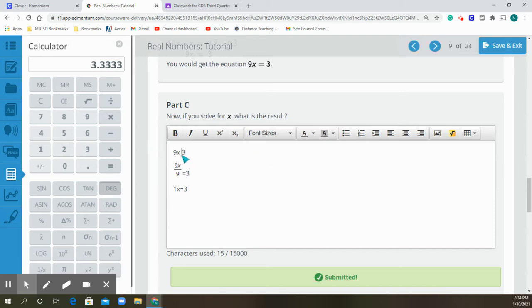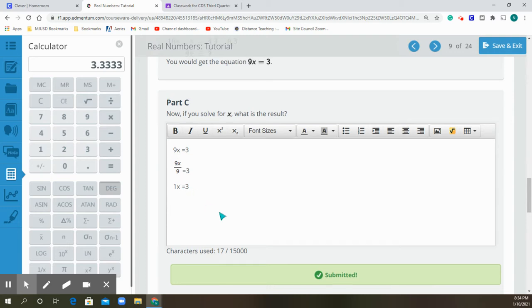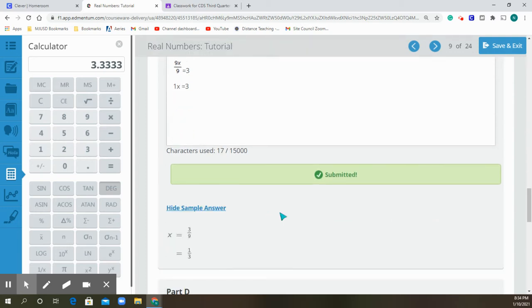On paper, I would highly recommend you just keep this all nice and lined up on paper. On here, it's not so easy. So 9x equals 3. 9x divided by 9 equals 1x, equals 3 over 9. So x equals 1/3. See?